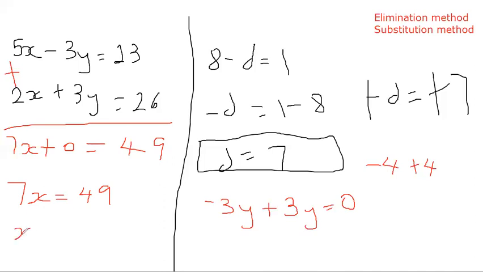I divide by 7. So what is 49 divided by 7? 7. So x is 7. So what is y? How can I find y?